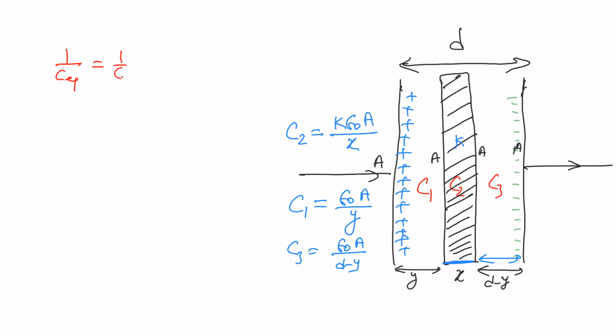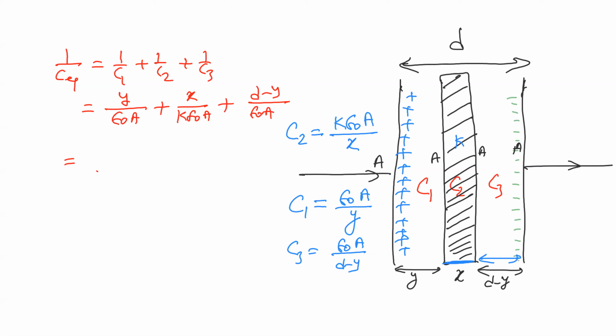So 1 by C1 plus 1 by C2 plus 1 by C3 is equal to: 1 by C1, Y divided by epsilon naught A; 1 by C2, X divided by K epsilon naught A; 1 by C3, D minus Y divided by epsilon naught A. If we take the LCM, the LCM will be K epsilon naught A. K will go here: KY plus X plus KD minus KY is 1 by C equivalent.